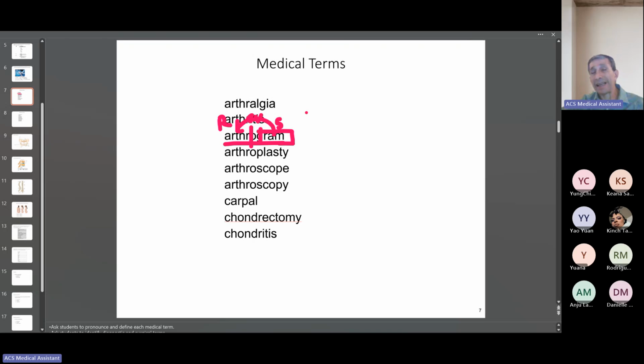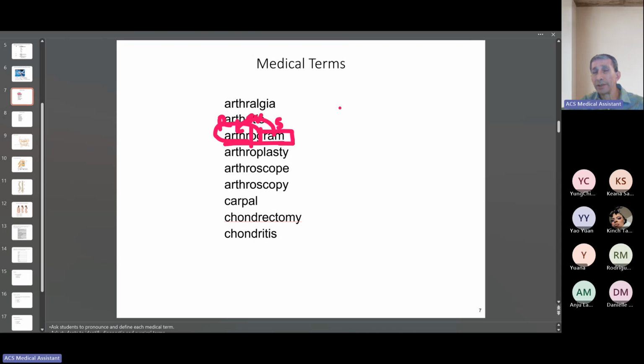Remember when we learned electrocardiogram? Gram is the recording of the electrical impulses of the heart. Here, we are capturing an image of the joint. That is gram.